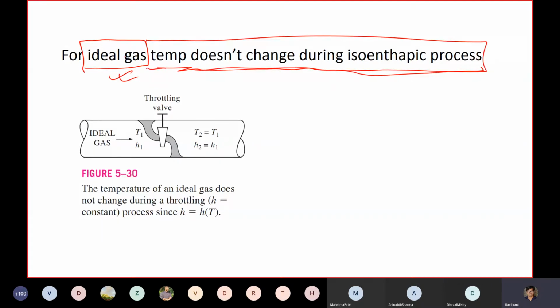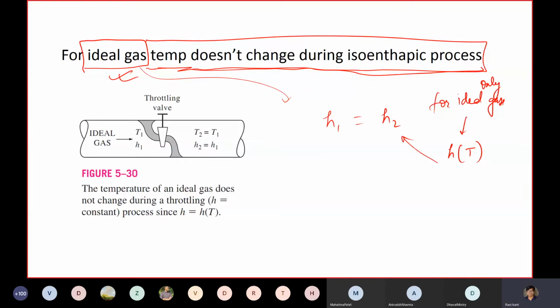Okay, why is it so? Because we have seen that since h1 is equal to h2, and for ideal gases H is only a function of temperature, your temperature should also remain constant.